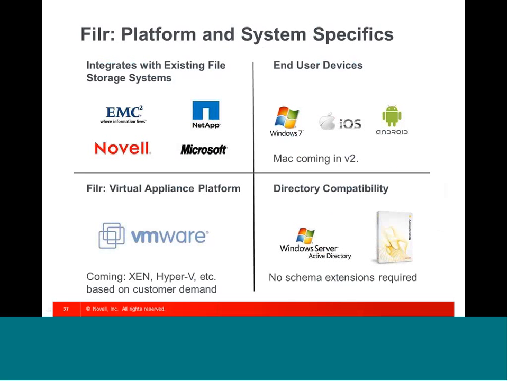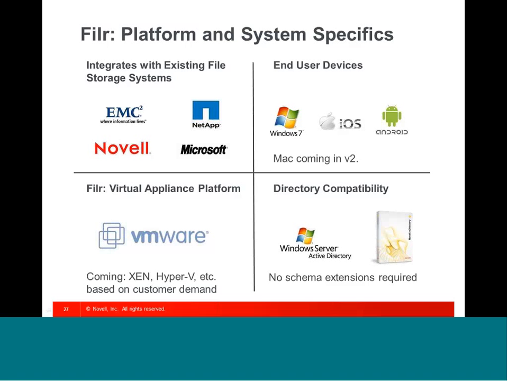And just to show the platform and system specifics. Again, we talked about the existing file storage systems that it will work with. You can see the end user devices that we'll support with the first version. The appliance itself will be running on VMware, so it'll be very simple to install and made nicely for that platform.